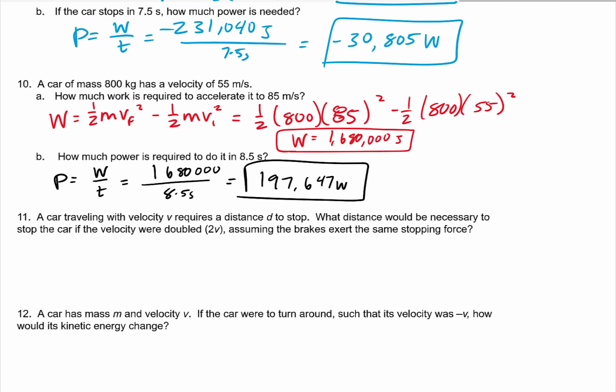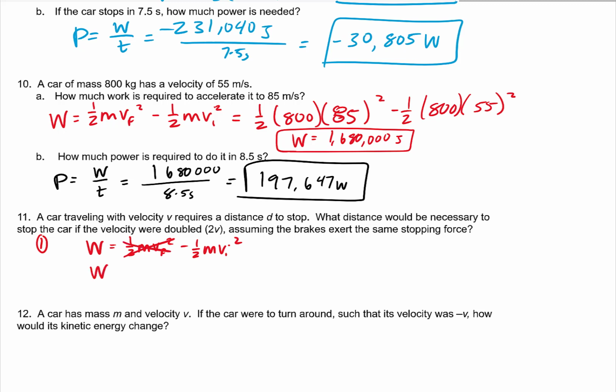A car traveling with a velocity v requires a distance d to stop. What distance would be necessary to stop the car if we doubled it? So, situation 1. The work required to stop it is the change in kinetic energy, 1/2 mv final squared minus 1/2 mv initial squared. That ends up being 0.